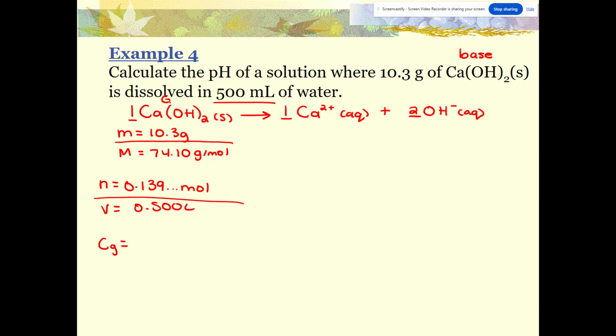I am given the information to find the concentration of the solute, the compound, the base, whatever you want to call it. And in order to find pH, or actually in this case we'll be finding pOH, because I have hydroxide ions, I need to take the concentration given and multiply by wanted over given, which is 2 over 1.